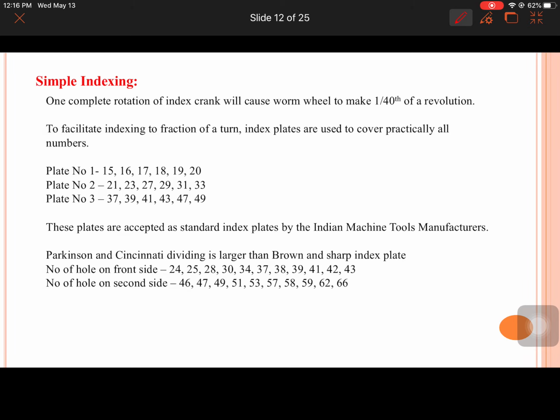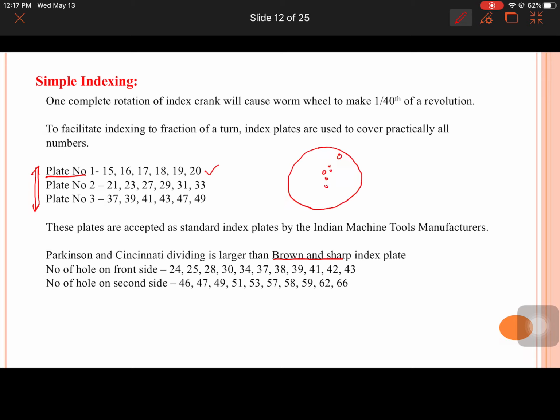In order to facilitate different fractions, we are using index plates, and these are the 3 index plates which were developed by Brown and Sharp. On the index plate we have different hole circles, as we discussed. Plate number 1 holds 6 different hole circles which are mentioned here.